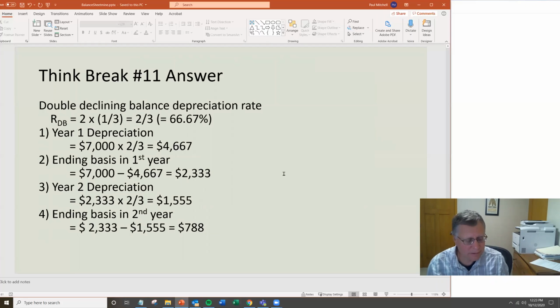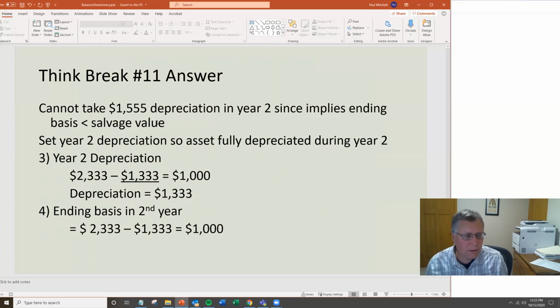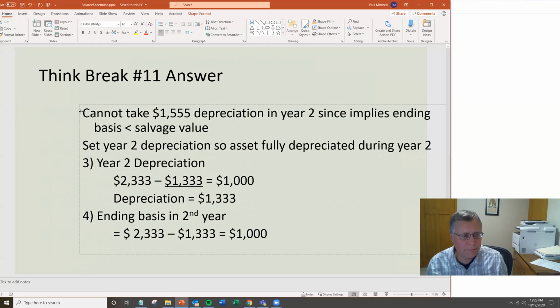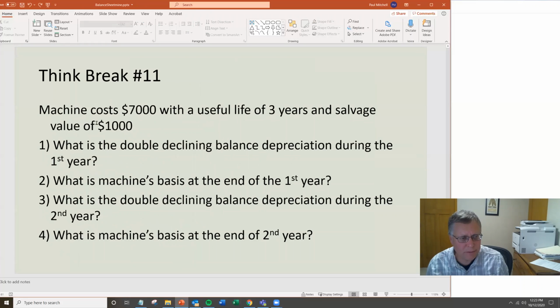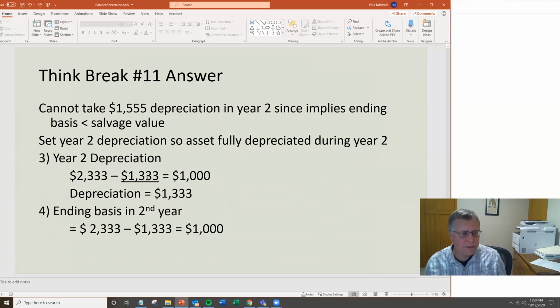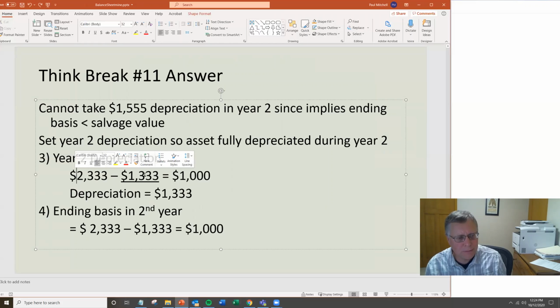That's declining balance. However, you can't take all that $1,555 in year 2, since it implies going below the salvage value, which I gave as $1,000. And so what you do then is set the second year of depreciation so that it fully hits that $1,000. So $2,333 minus $1,333 is $1,000.